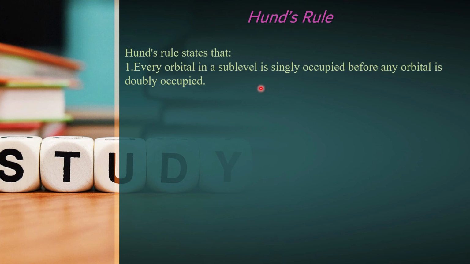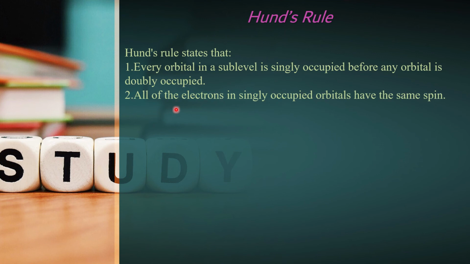So, when electrons go to degenerate orbitals, at first they will be singly occupied by one electron, and after being occupied by one electron, they will then be doubly occupied. And another thing is, all of the electrons in singly occupied orbitals have the same spin.